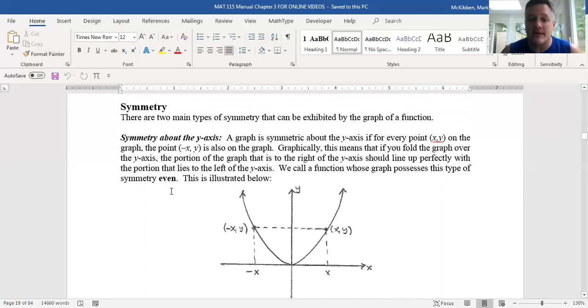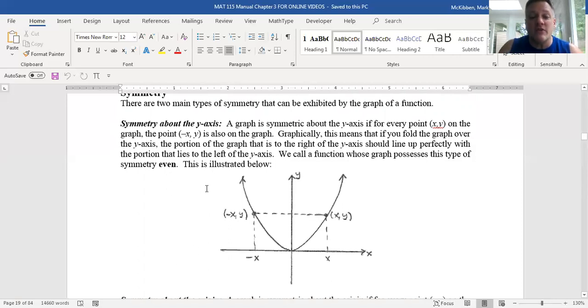It's an even exponent, and so we have an even function. Not all quadratics are even, right? The symmetry is about the y-axis, not just about any vertical line. So be careful, but historically that's why that came up. The prototypical example was y equals x squared.